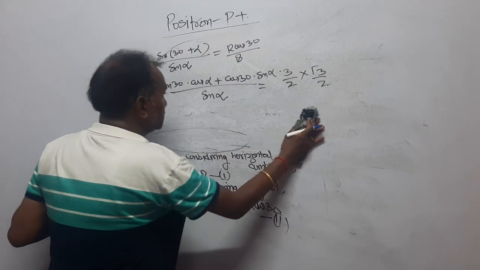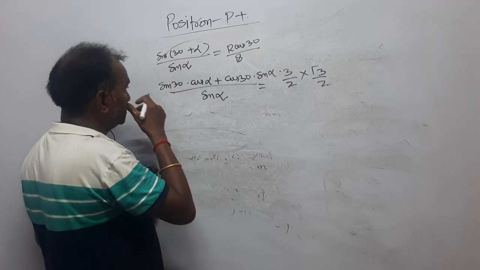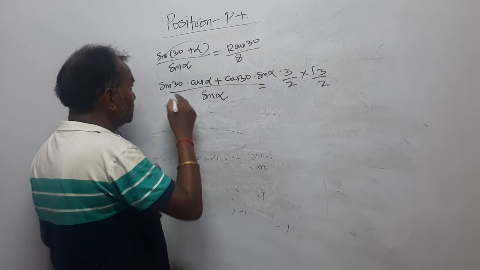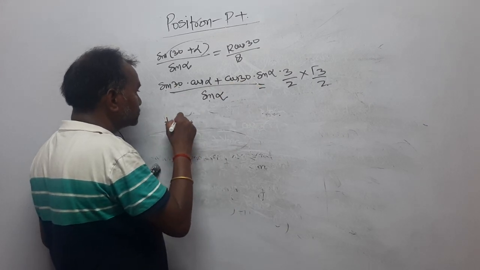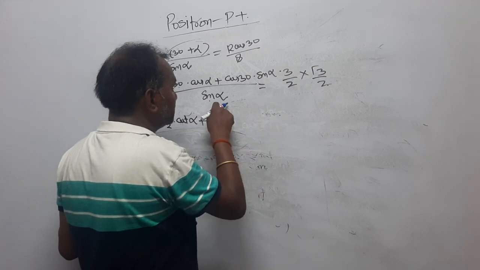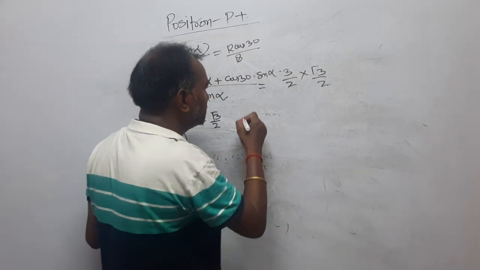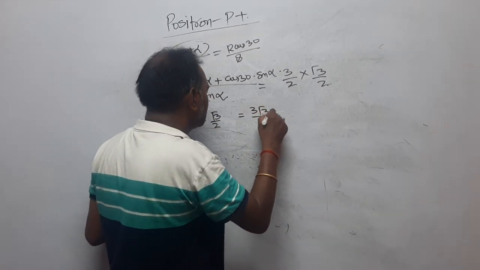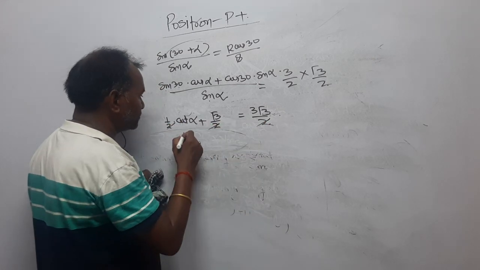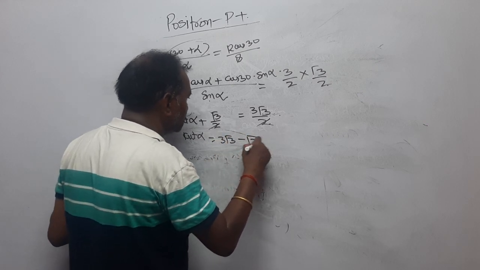Now dear students, let's talk. This is sine alpha, this is cos alpha upon sine alpha. I am separating this. Sine 30 is 1 by 2. This is cot alpha, right? Now, dear student, sine alpha would be cancelled. This is root 3 by 2. Cos 30 is root 3 by 2. That is equal to 3 root 3. 2 I am cancelling from the denominator. So cot alpha equals 3 root 3 minus root 3.